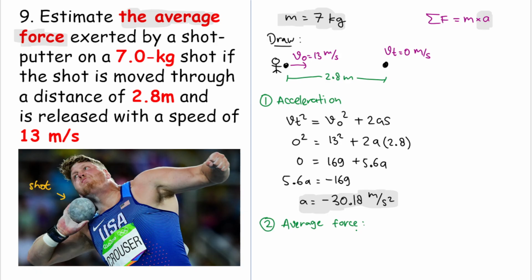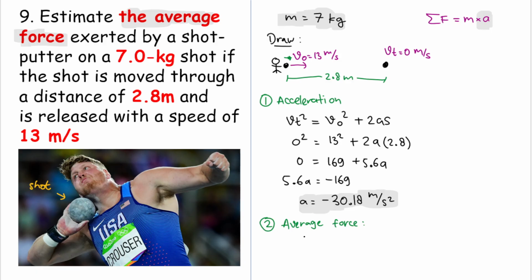Because we push the ball, it goes in the opposite direction of the deceleration. To stop the ball we would need this one, but we need the force that is exerted by the shot putter, so we can just ignore the negative sign here.